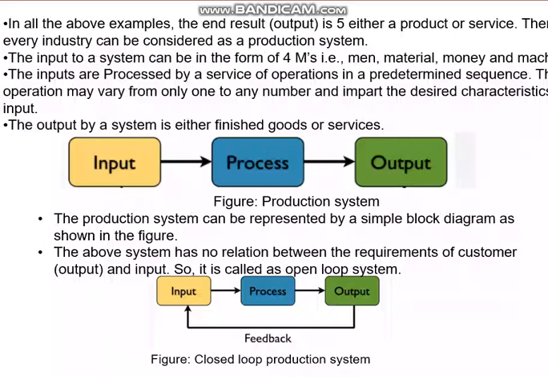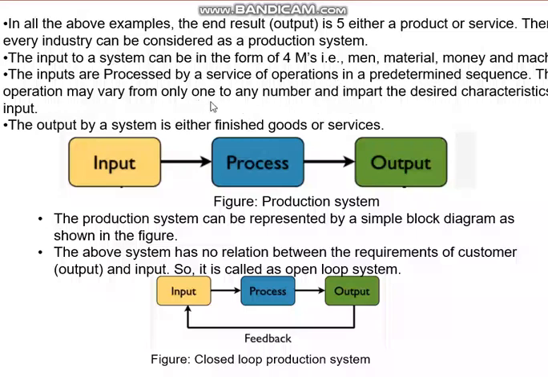The input to a system can be in the form of 4 M's. The four M's are men, material, money, and machines. These are the things which are required. The inputs are processed by a series of operations in a predetermined sequence.